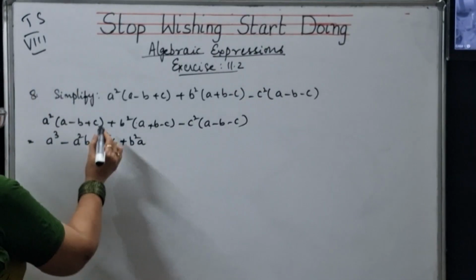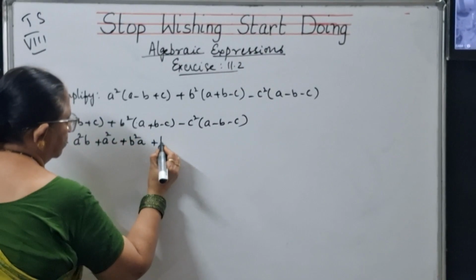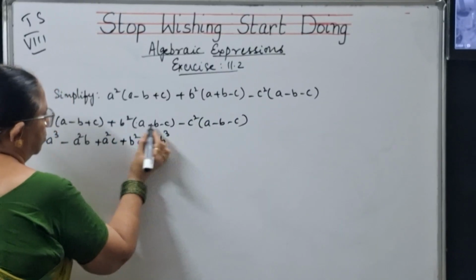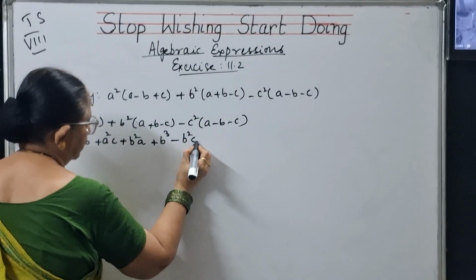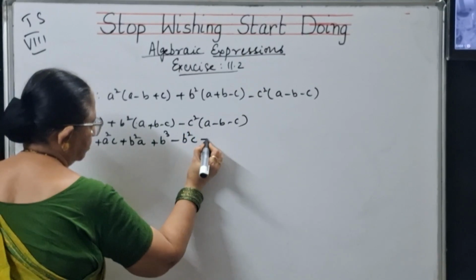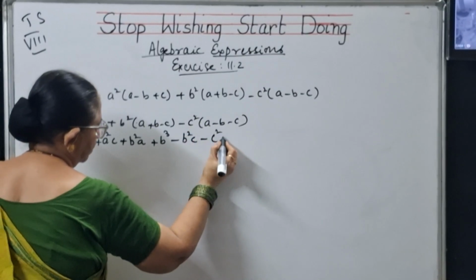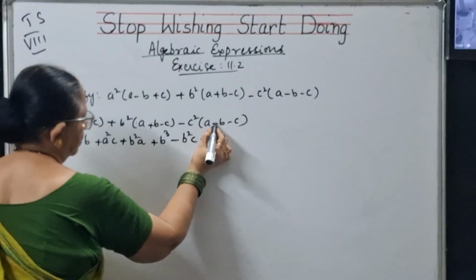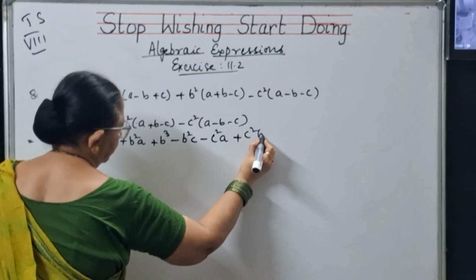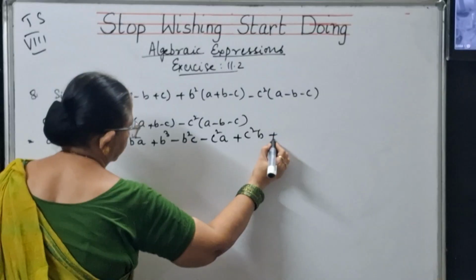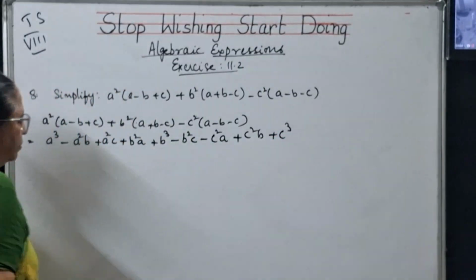Next plus into plus plus b square into b is b cube, plus into minus minus b square into c is b square c, minus into plus minus c square into a is c square a, minus into minus plus c square into b is c square b, minus into minus plus c cube.